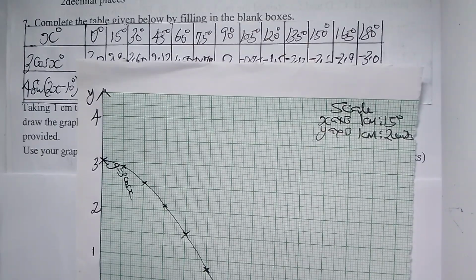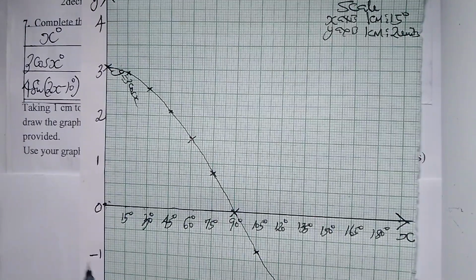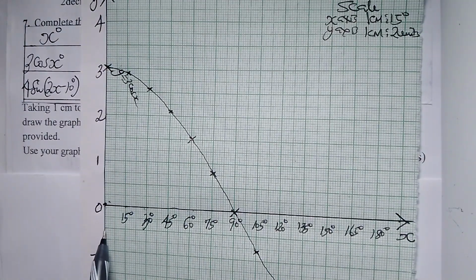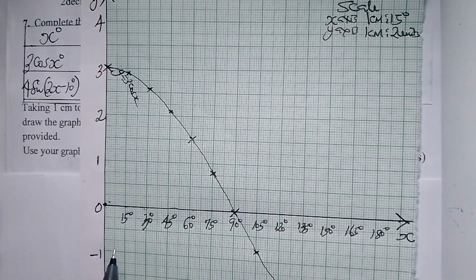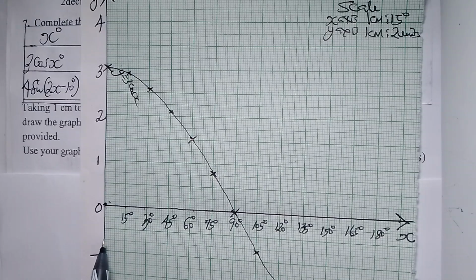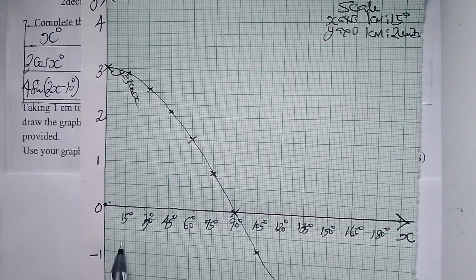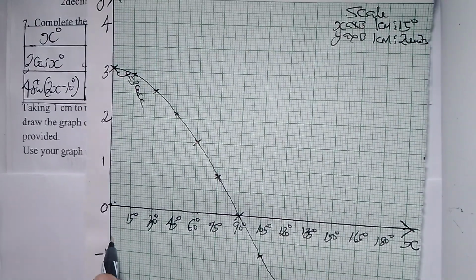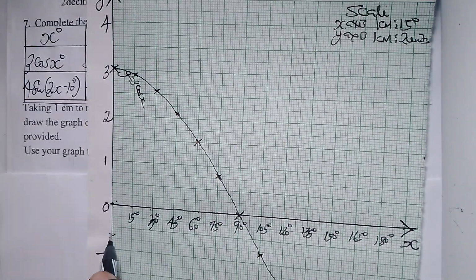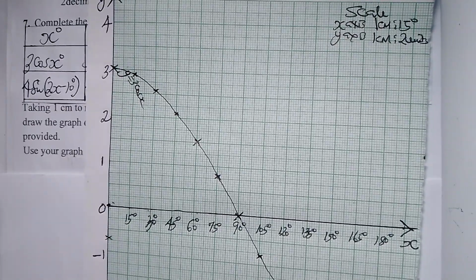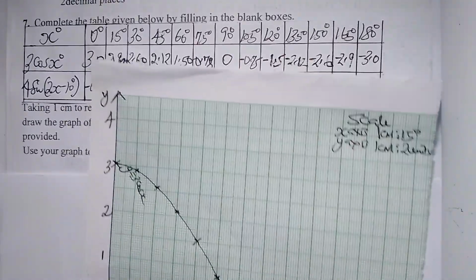So negative 0.5 is here. Negative 0.7 will be 4 small squares below negative 0.5. That is where we have negative 0.7.